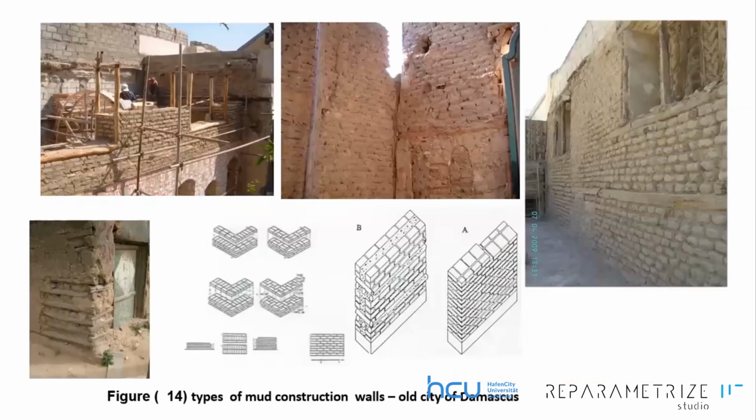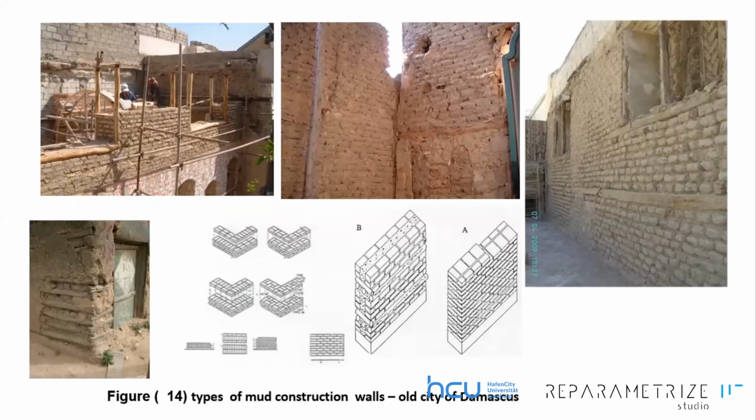Now, the second thing we talk about is the wall. The wall is built of mud, as a mud construction. You can see the thickness of the wall. You can see here how wood is used inside the wall to solve some problems about the load or to protect this traditional construction from earthquake.